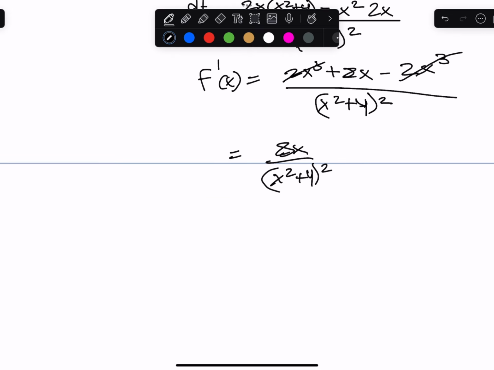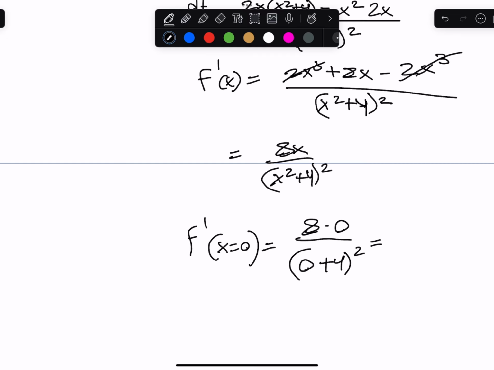Now, we have to find what f prime equals when x is equal to 0. So, we input our 0 for our x's, and we get 0 over 16, which equals 0.